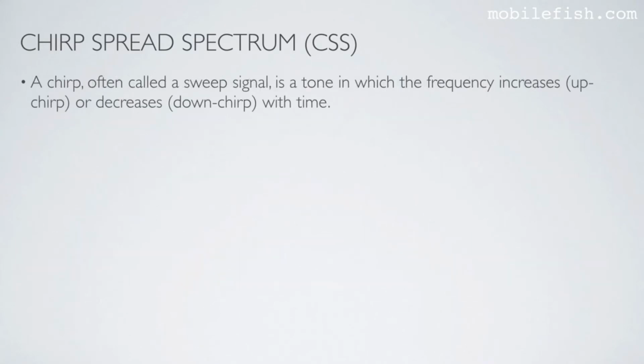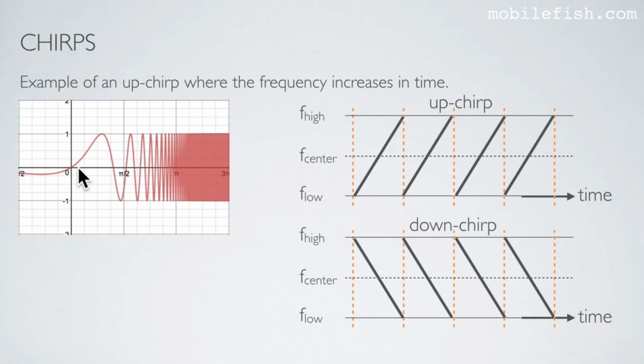And the chirp, often called a sweep signal, is a tone in which the frequency increases or decreases with time. If the frequency increases in time, it is called an up chirp, and when it decreases in time, it is called a down chirp. Here's an example of an up chirp where the frequency increases in time.